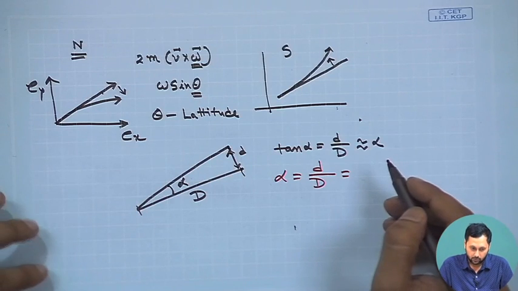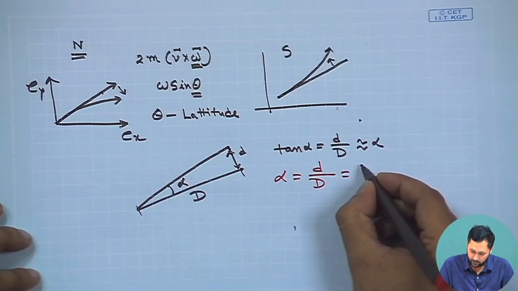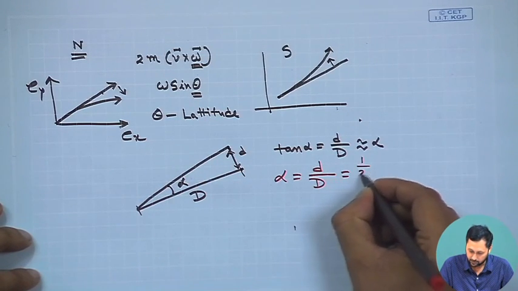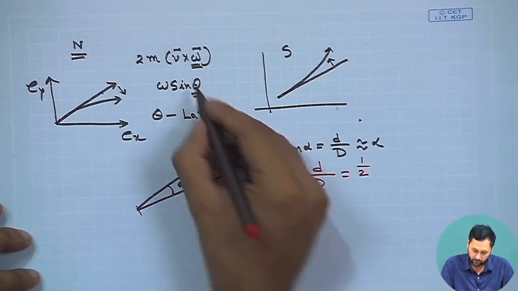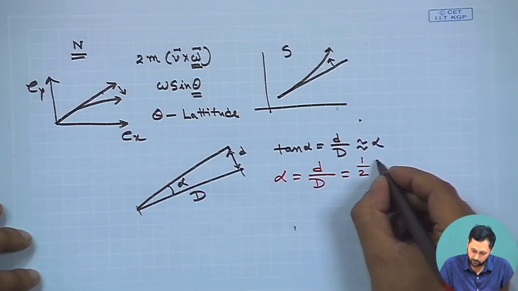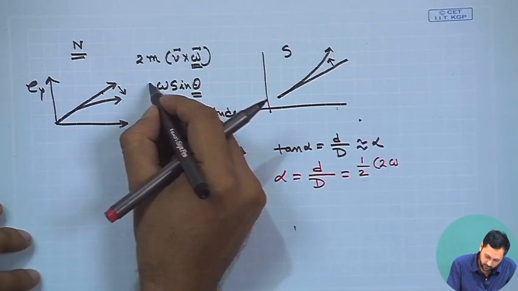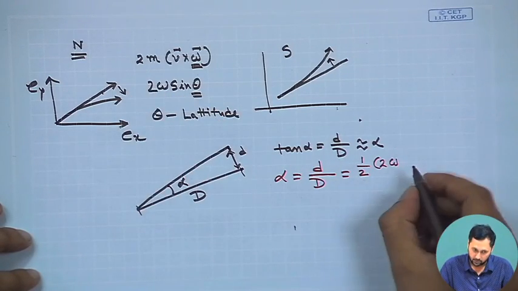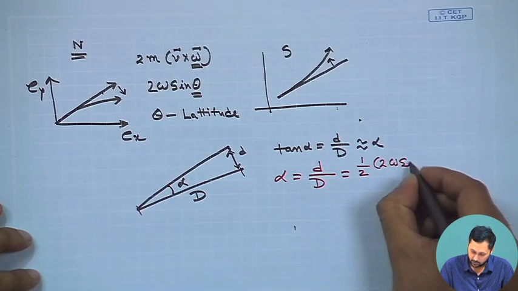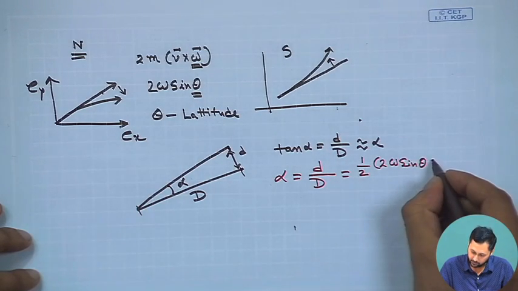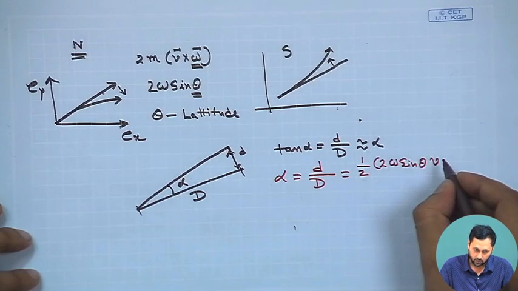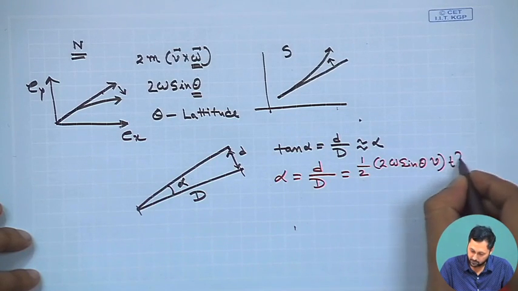So, your final deviation in this direction will be half of the acceleration term, so there will be a factor of 2 coming up here. It will be 2 omega sin theta times the original velocity v, times t square.